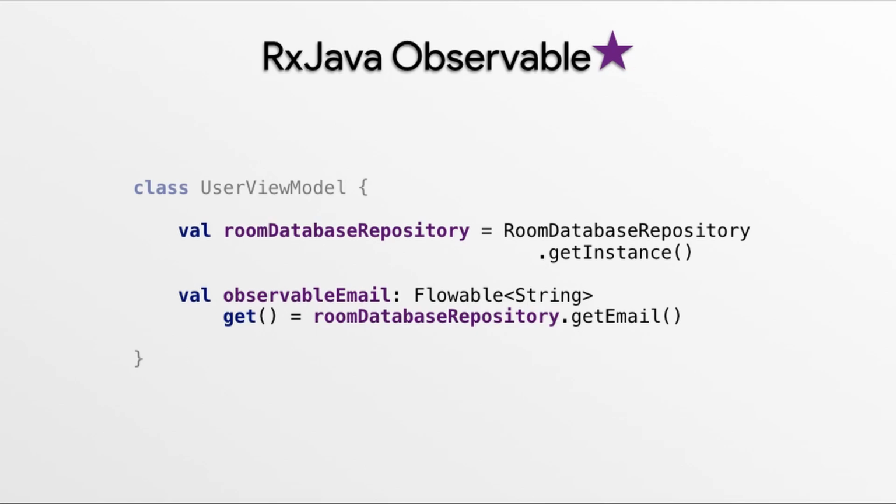The Room database library has RxJava support, and it exposes a Flowable, which it also exposes an Observable. You can determine what you want from the database, but again, there's subtle differences I don't have a lot of time to go into. But it doesn't make that much of a difference in how you observe it. You still subscribe to a Flowable the same way as you would subscribe to an Observable.